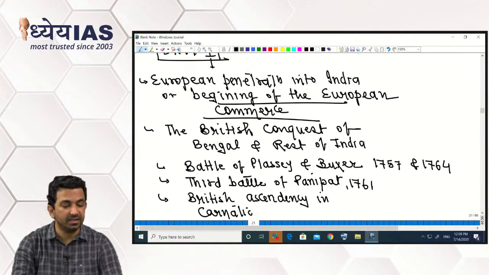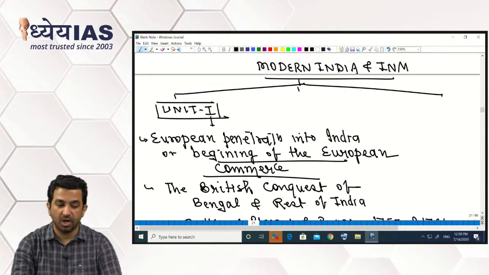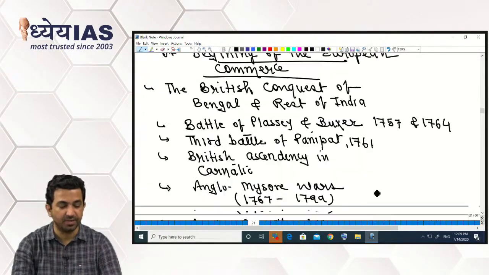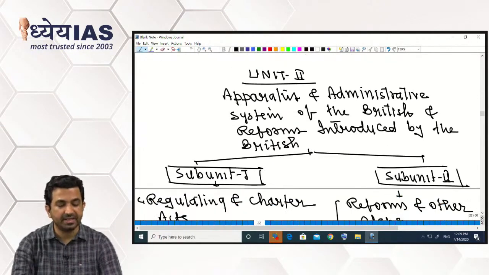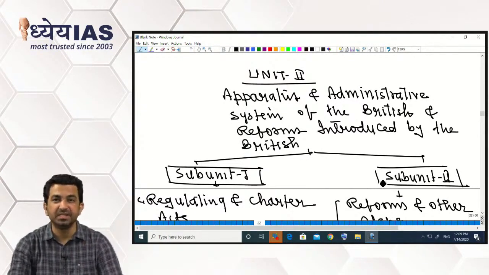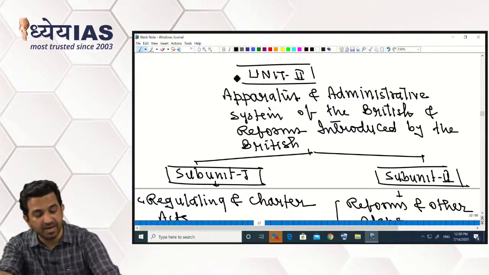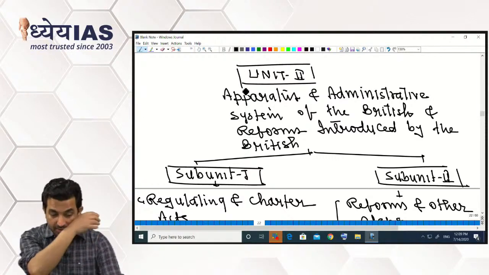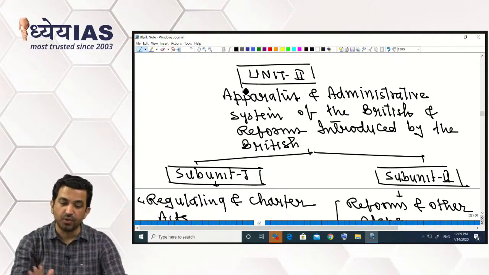Okay, that is Unit 1 of Modern India and Indian National Movement. Unit 2 includes the apparatus and administrative system of the British and reforms introduced by the British. For the convenience of our study, we have divided Unit 2 into Subunit 1 and Subunit 2.